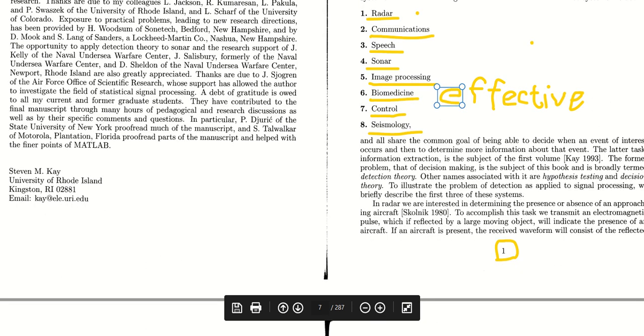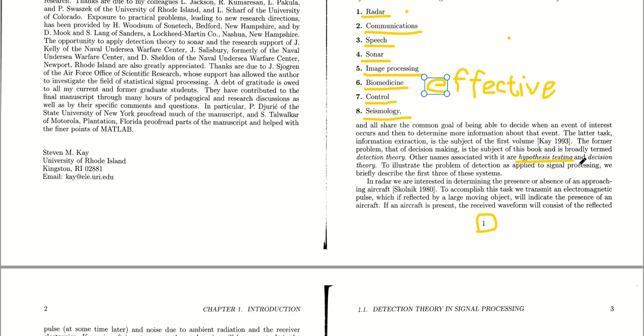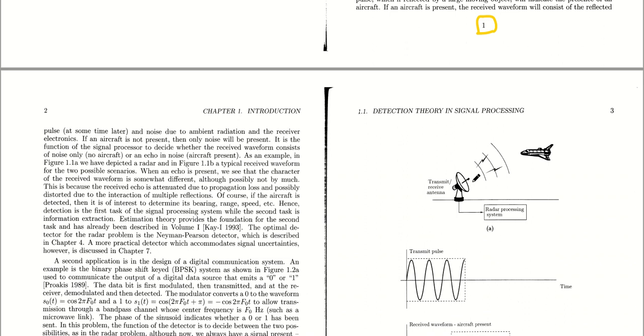So this is the hypothesis testing problem. For a detection problem, there is a formulation called hypothesis testing, and also decision theory. Later on, we are going to talk about its mathematical formulation.